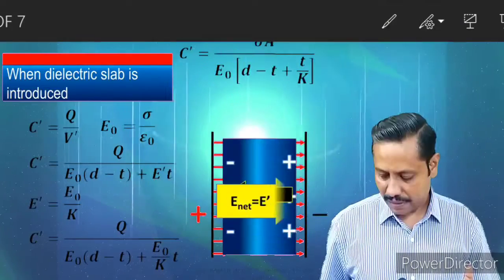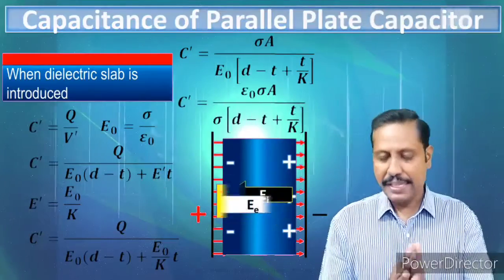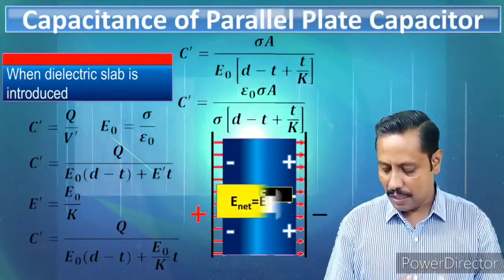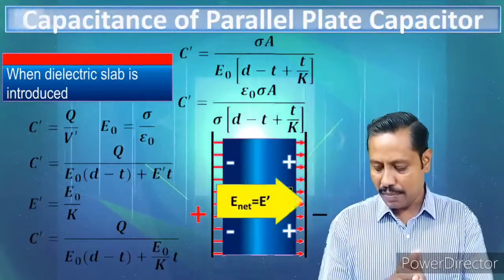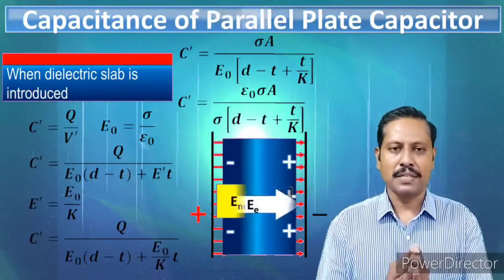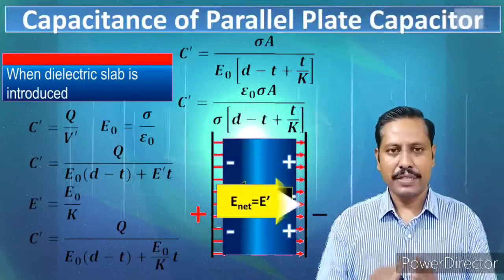Now further, if we solve, we can write C dash equal to epsilon 0 sigma into A upon sigma into d minus t plus t by K. How is it coming?